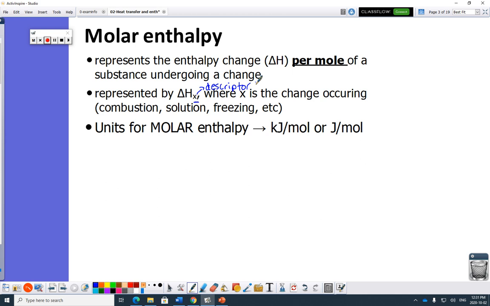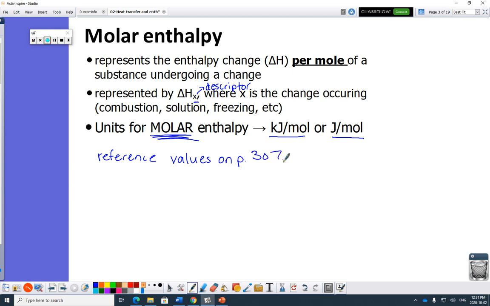So one of the things about this unit that can be frustrating is the units. So when you see kilojoules or joules per mole, then that counts as molar enthalpy. And the reference values, common reference values are on page 307.